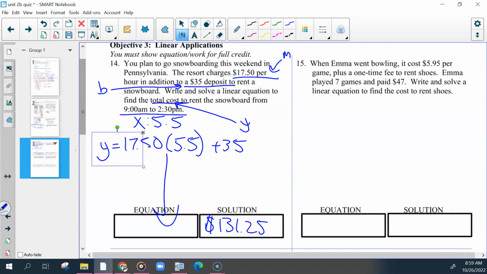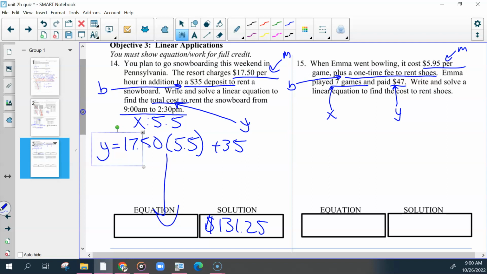For 15, similar, we have a per, so that's our M. We have a one-time fee, so that's going to be our B. And then we have gains and paid 47. That's going to be our Y, and gains is going to be our X. In this case, you could have used point slope formula, but a lot of you weren't doing that, and I accepted that.